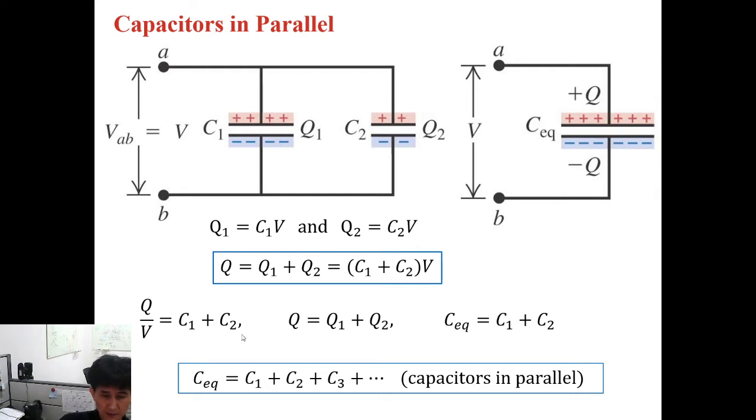So C equivalent becomes C1 plus C2. So parallelly connected capacitors can be represented by one equivalent capacitor whose magnitude is C1 plus C2 plus C3 and so on.